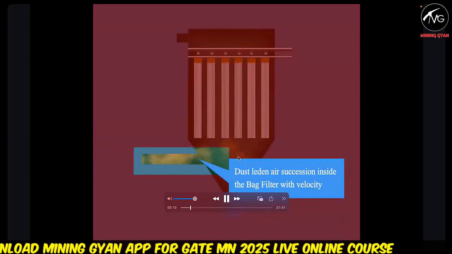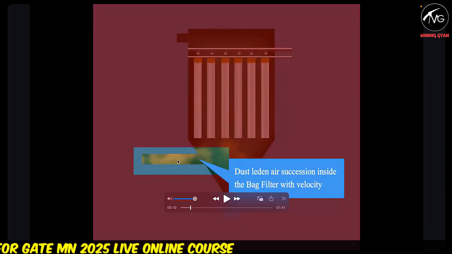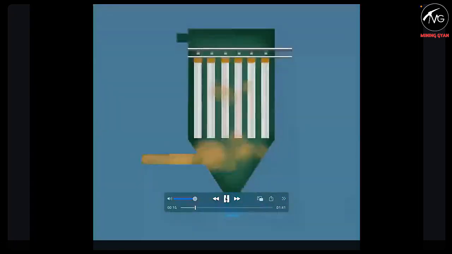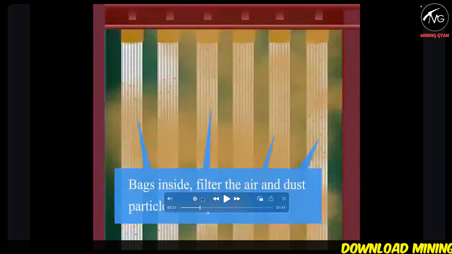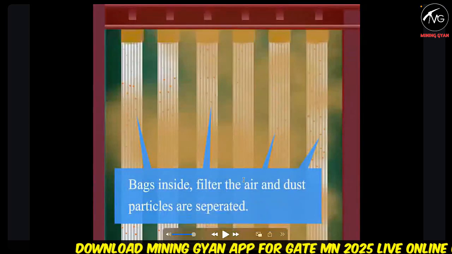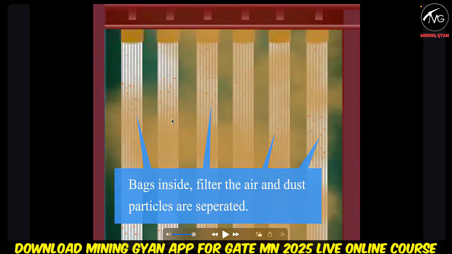In this method, in this instrument, the inlet will be at the bottom side, and your dust air will go through this path. Inside the bag, the filtered air and the dust particles will be separated.